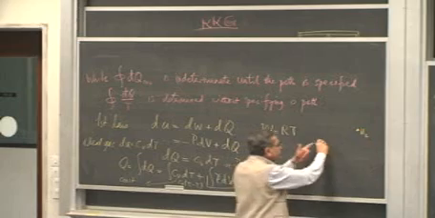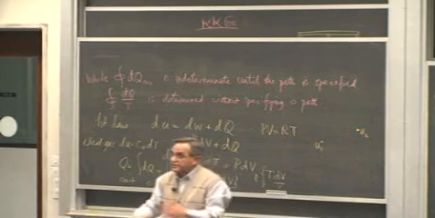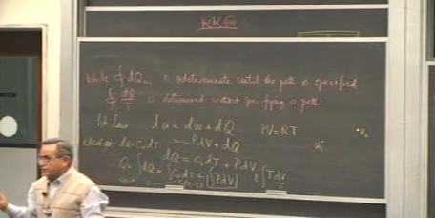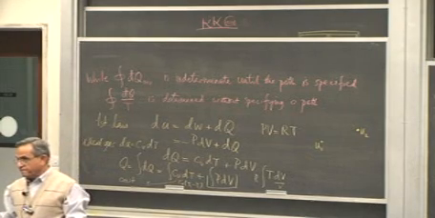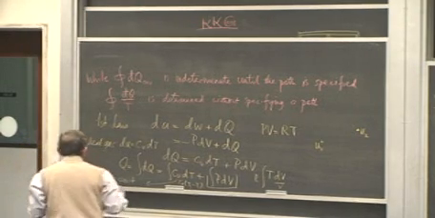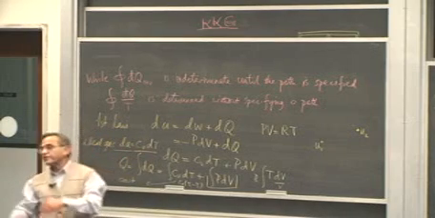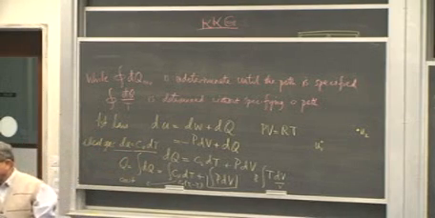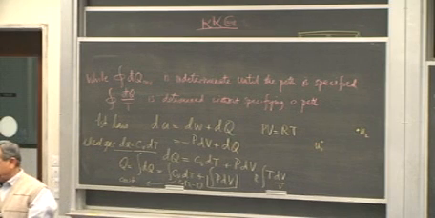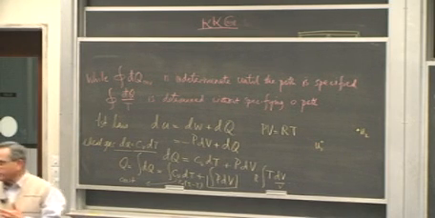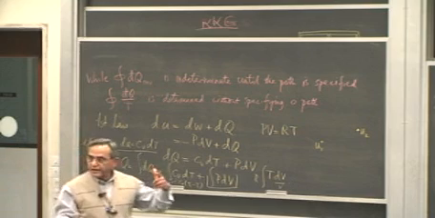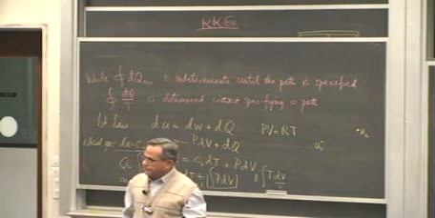And dU is a difference between these 2 points. It doesn't depend on how you go from one to the other. Okay? So this is therefore true not just for constant volume, but for any process. All right? You will take that to be the case. I think this is what we used in the case of calculation of entropy also.